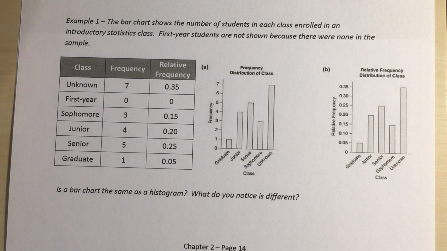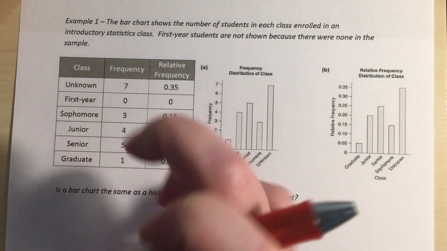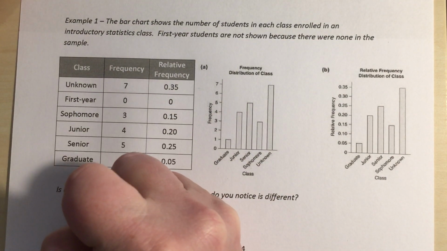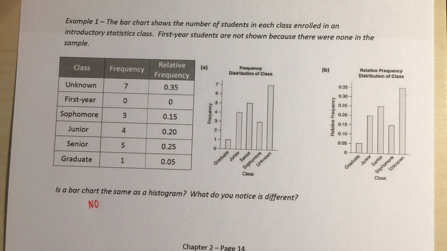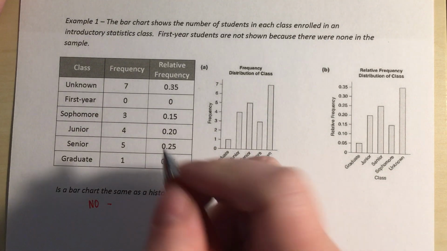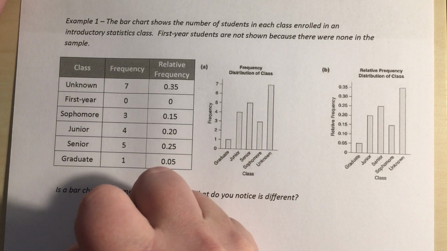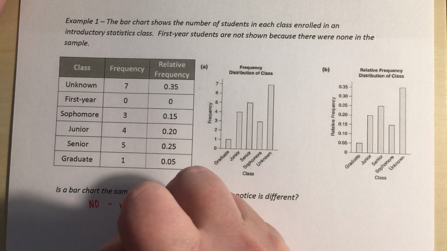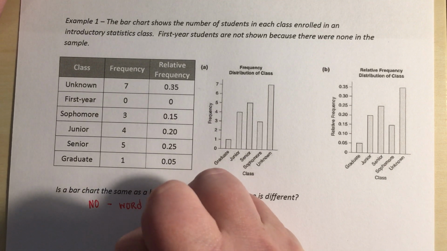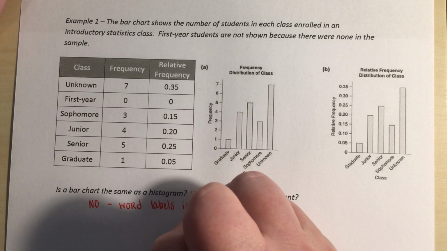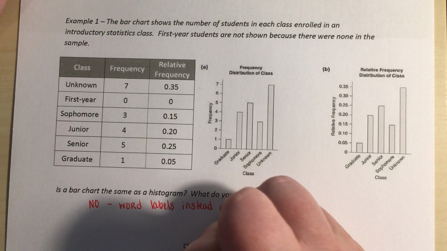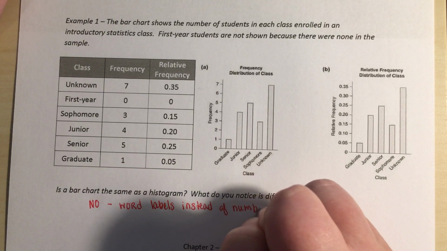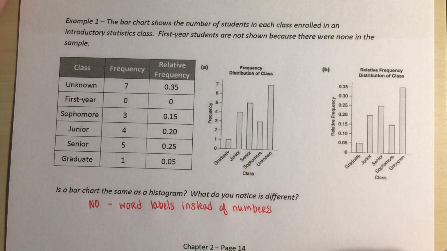Well, first we're going to say that no, it's not the same as a histogram. Both histograms and bar charts have vertical bars showing frequency, but notice that in this case we have word labels instead of numbers, again, because we're using categorical data.